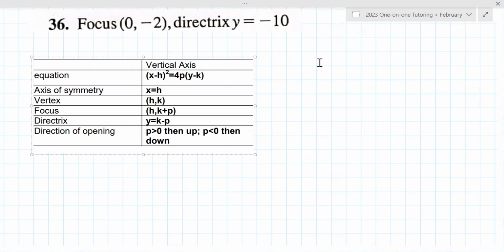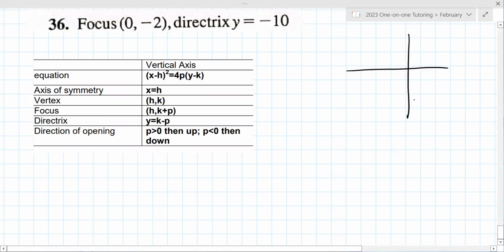Wouldn't it be the horizontal axis if the directrix is -10?